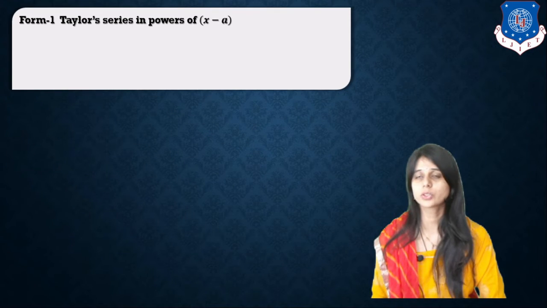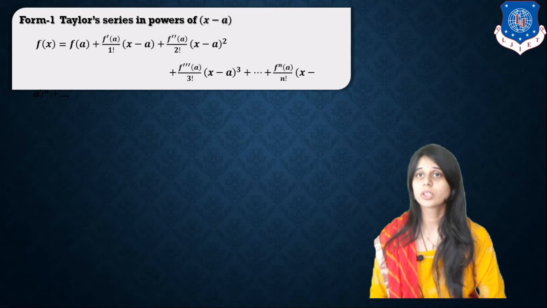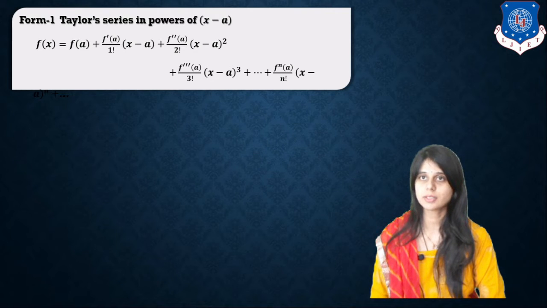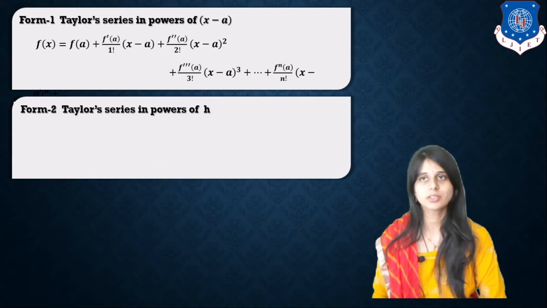Now the first form of the Taylor series is in powers of x minus a: f of x equal to f of a plus f dash a upon 1 factorial (x minus a) plus f double dash a upon 2 factorial (x minus a) whole square, up to f raised to n at a upon n factorial (x minus a) raised to n.